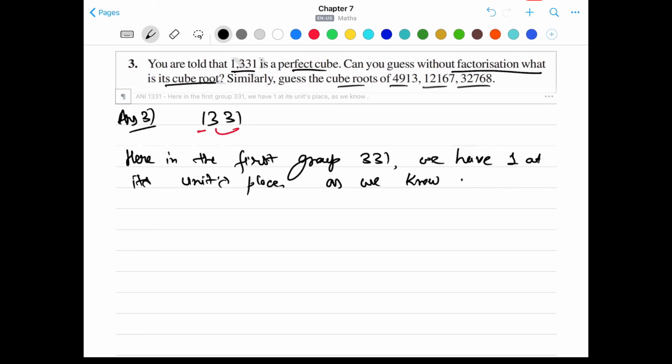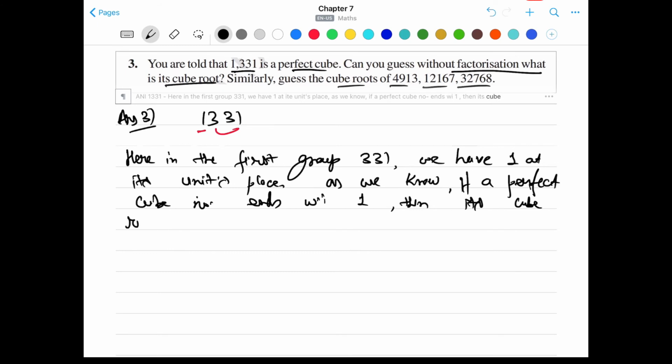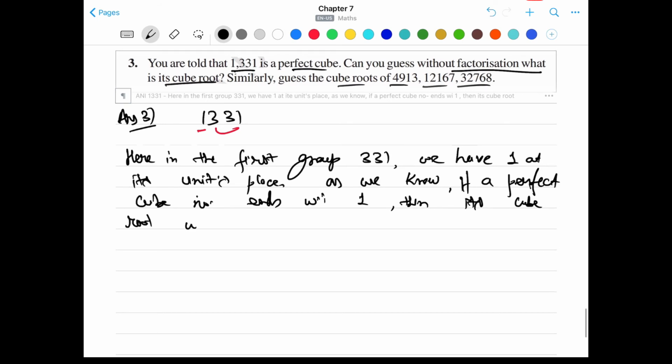As we know, if a perfect cube ends with 1, then its cube root will also have 1 at its ones place.